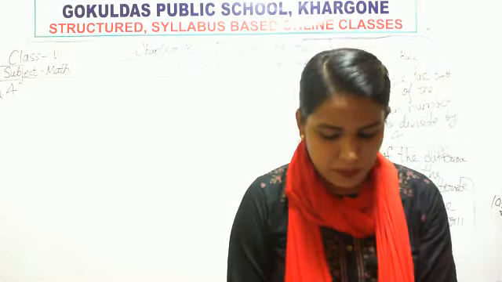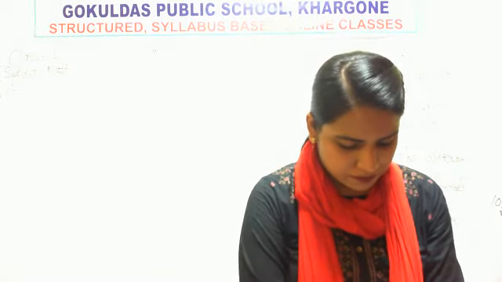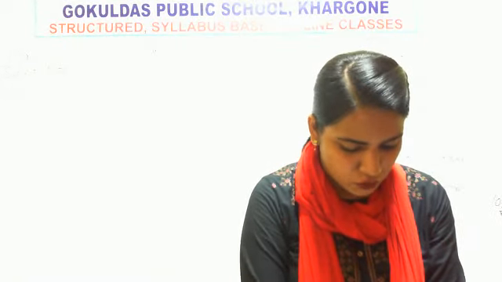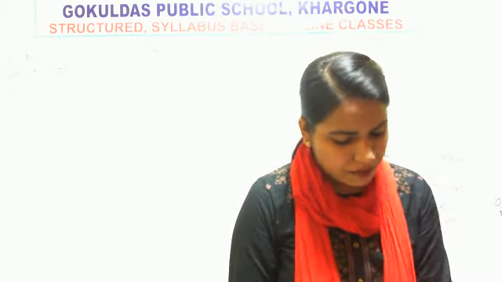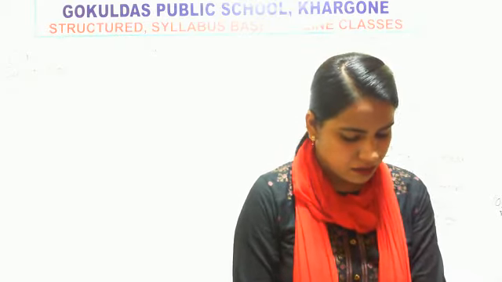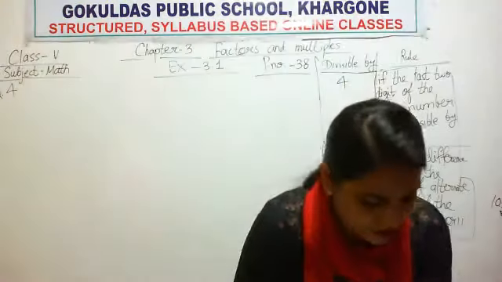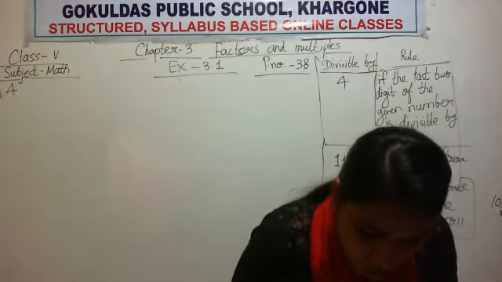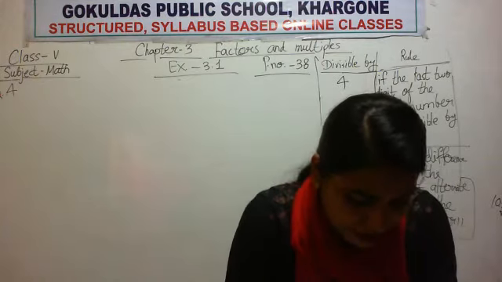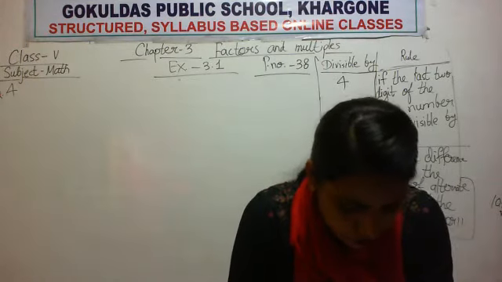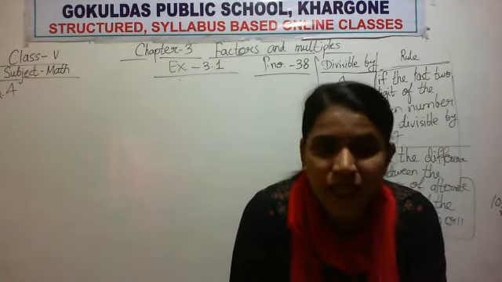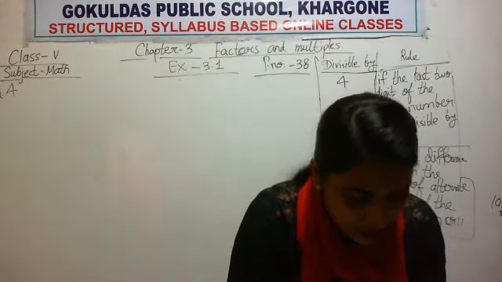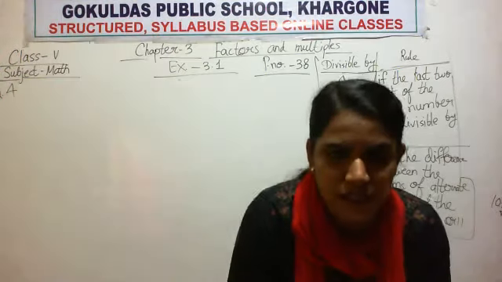Think about it, yes or no. Sorry, the part B. Observe it, a number divisible by 9 is also divisible by 18 is false. Okay. Part B is false.